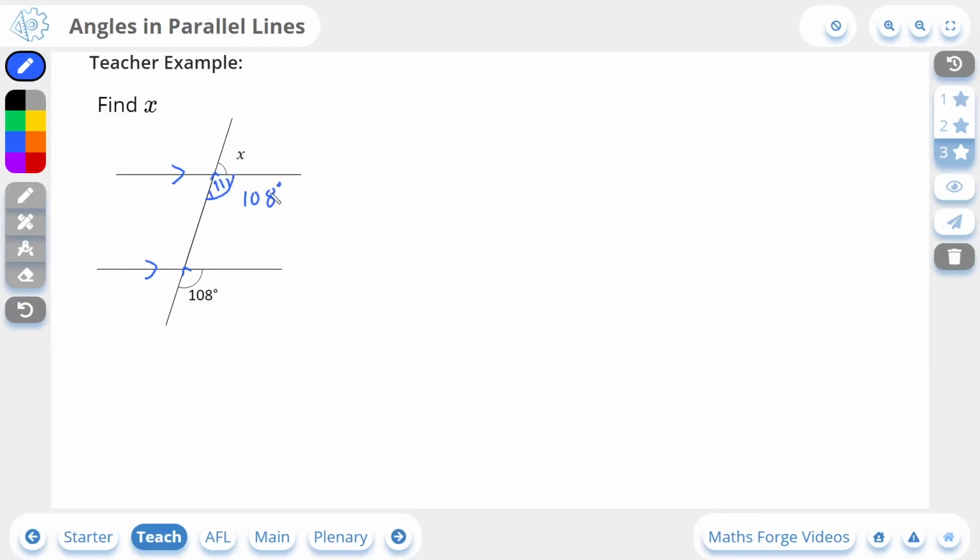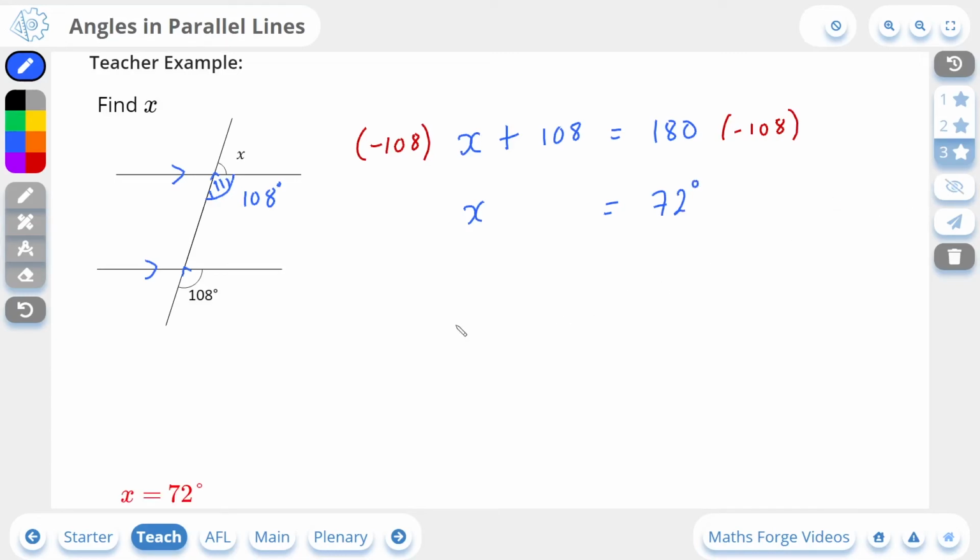Now that we know that this is 108 degrees, we can use this fact along with the following fact that angles on a straight line add to give you 180 degrees to find x. So we can say that x plus 108 degrees is equal to 180 degrees. And now if we rearrange for x, so we get rid of this plus 108 by subtracting 108 on both sides, we are left with x is equal to 72 degrees. And if we check our answer, there it is.